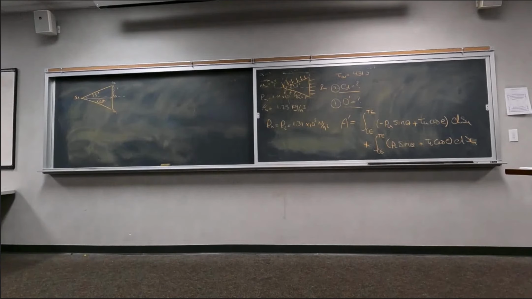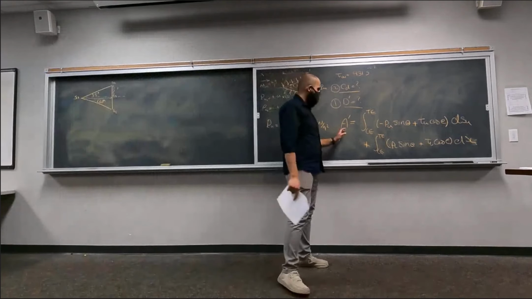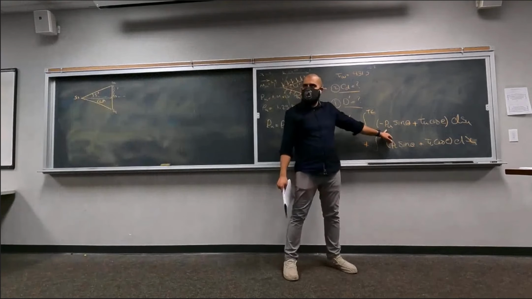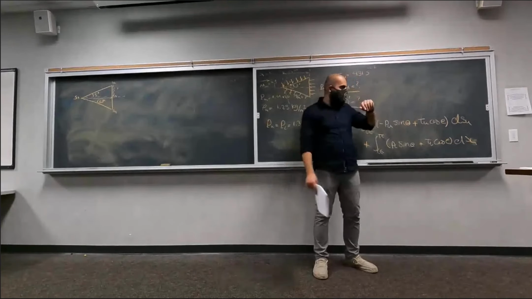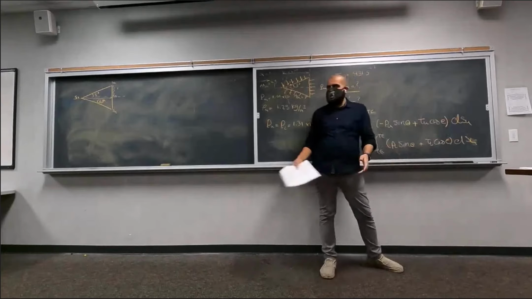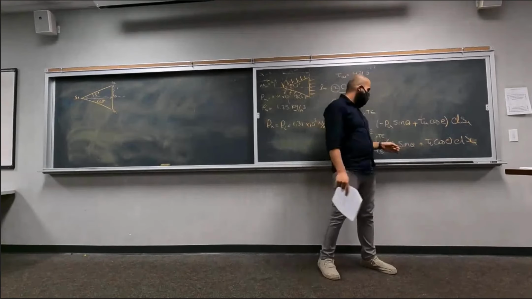Can you repeat your question? Here, the variables: we have PU, pressure on the upper surface, tau of U, the shear on the upper surface, then S, which is going to be your surface, the line here.